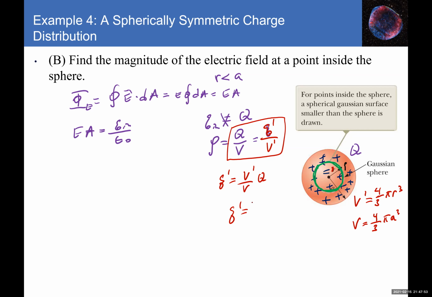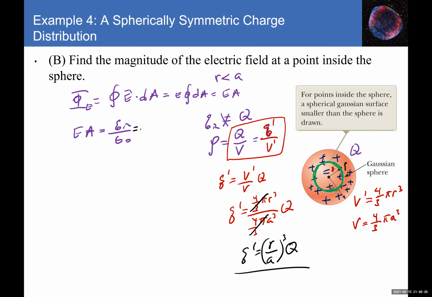That means I write this as 4/3 pi r cubed, over 4/3 pi a cubed, times Q. So from here you can see, right, 4/3 pi cancels out, and my Q prime is equal to r over a, the quantity cubed, times Q. That means this is then the expression for Q prime, presented as a ratio of r over a cubed times the total charge Q.